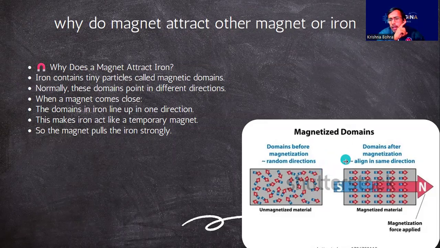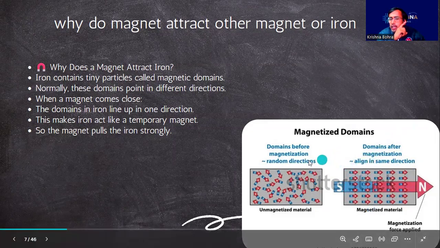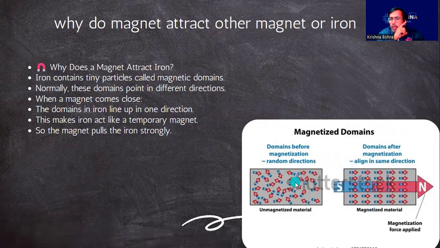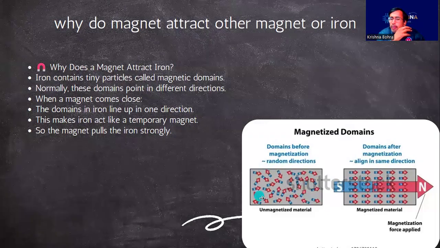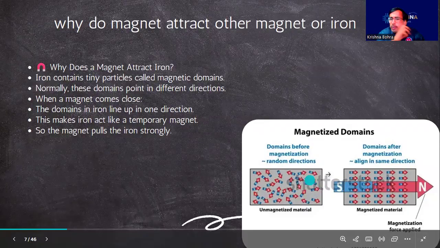So they will attract each other. We call it magnetic induction. Due to the presence of this bar magnet, the ferrous object's magnetic domains are aligned in a specific way, so it behaves like a magnet. Hence we call this phenomenon magnetic induction.